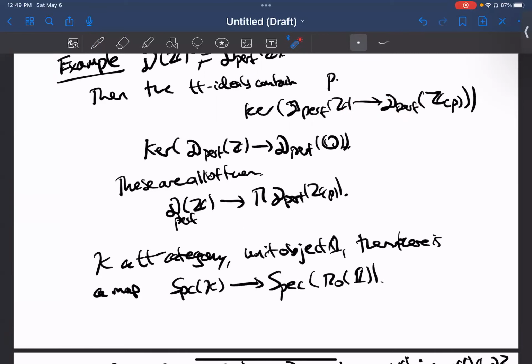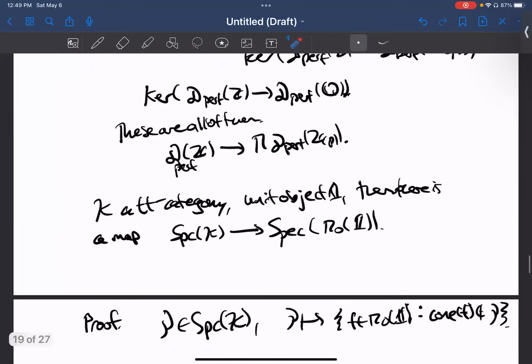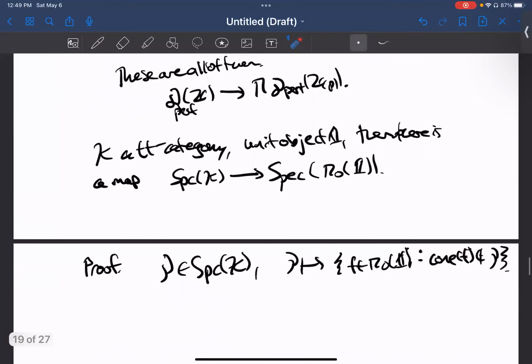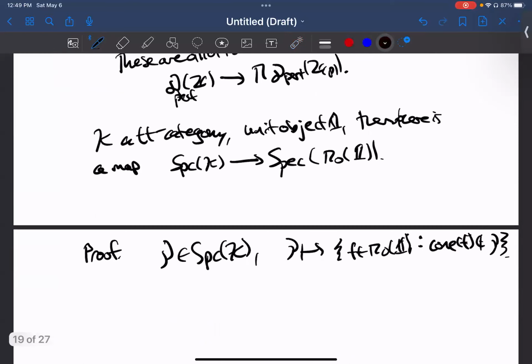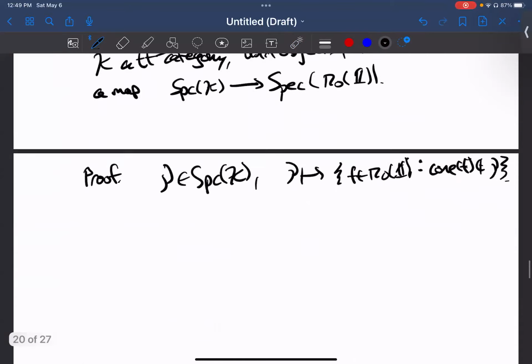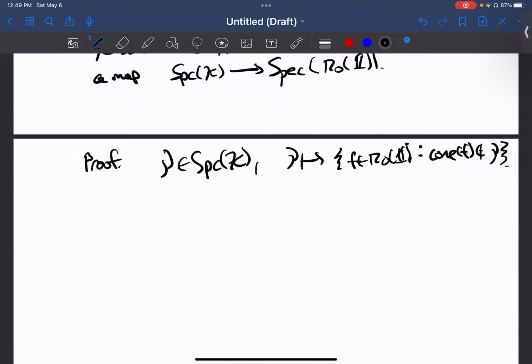And 0 is cone of the unit, so we want 0 in there, and we obviously don't want 1 to be in there, so we don't want the cones to be in P, because 0 is in P, and that's the cone of the identity. All right. So we have to show that this right-hand side here is a prime ideal.